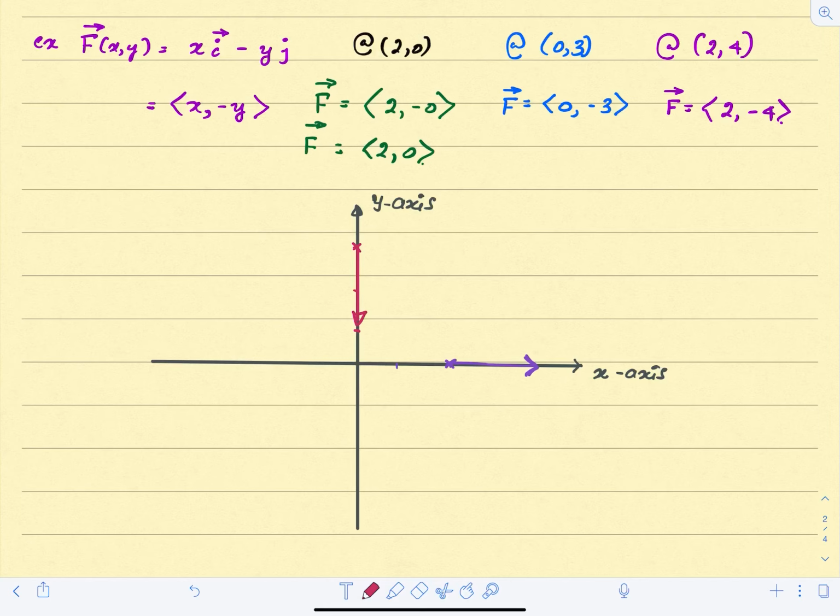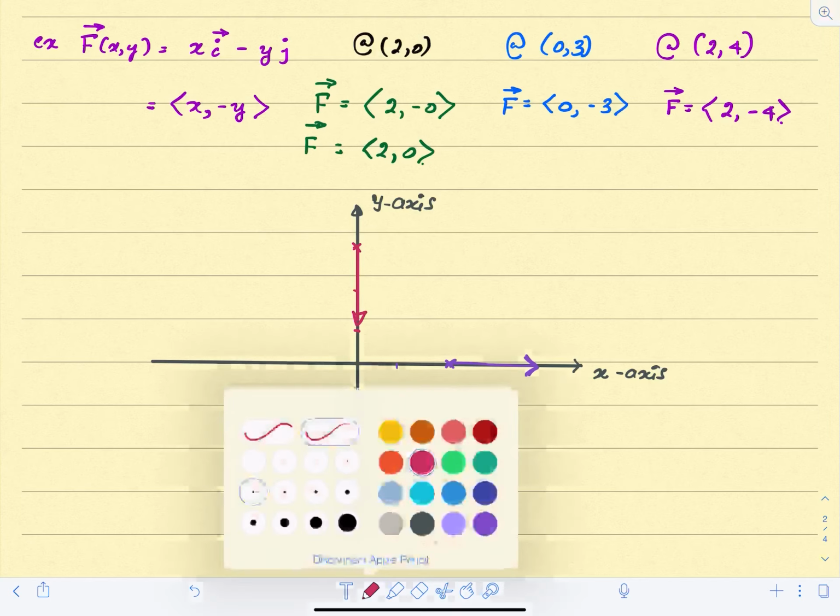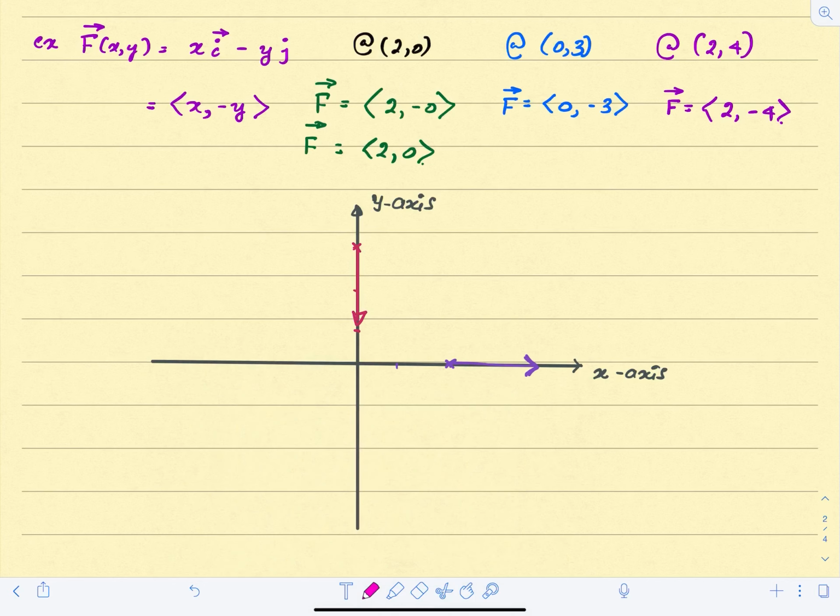Okay, and then at (2, 4), maybe it's over here, your x component is 2, the y component is negative 4, therefore the resultant vector should point in a direction like this.